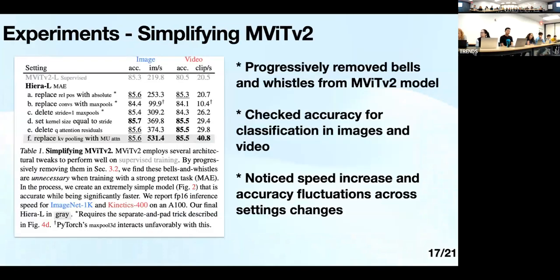But yes, okay. And so these are some of the settings that they were taking away from the typical hierarchical vision transformer, and they wanted to see what the impacts on the accuracy were. So for example, they replaced the relative position embeddings with absolute position embeddings.